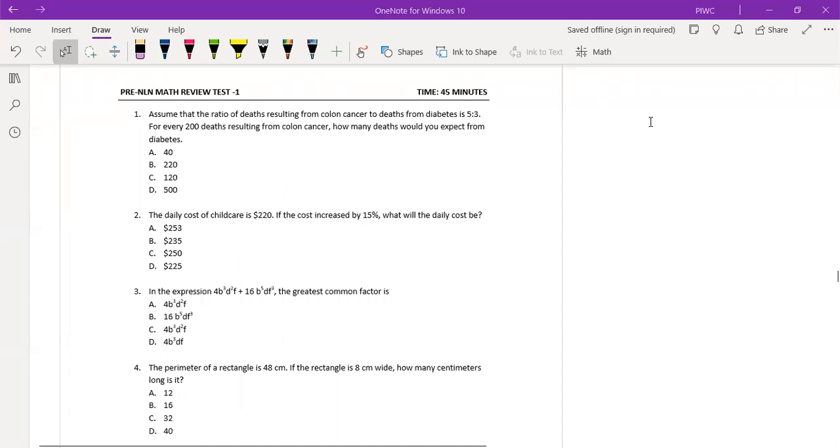All right, the first question says, assume that the ratio of deaths resulting from colon cancer to deaths from diabetes is 5:3. For every 200 deaths resulting from colon cancer, how many deaths would result from diabetes? In this question, we can use proportion.